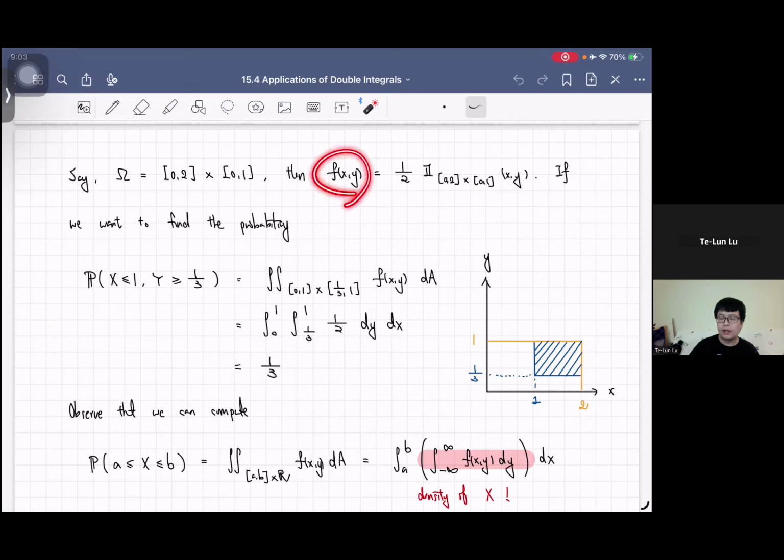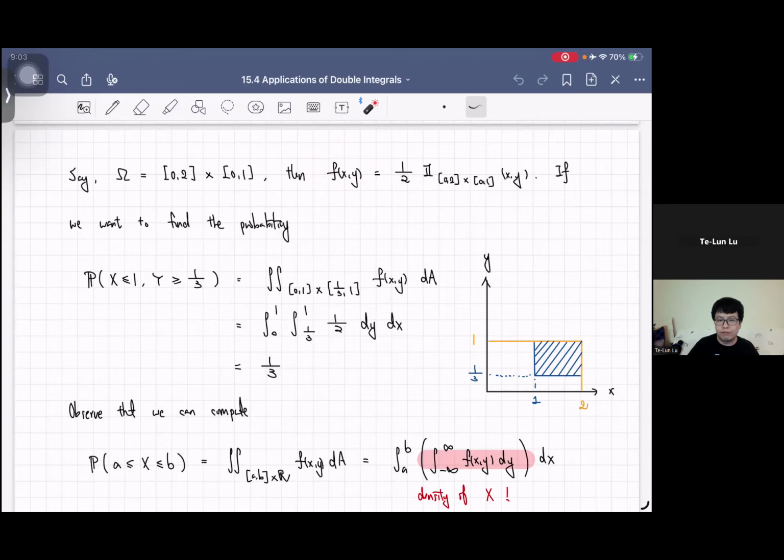So this is indeed a probability density function. Similar to the one-dimensional case, when you integrate on the real line, the density function should give you 1. And now when you integrate on the whole R2, the Cartesian plane, a two-dimensional joint density function should give you integral 1.